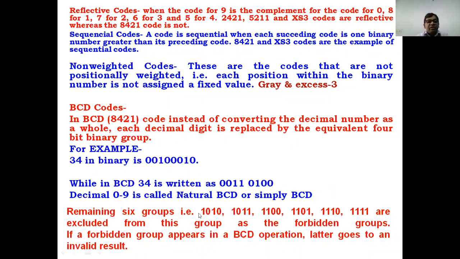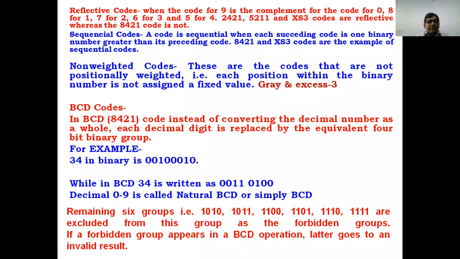So this remaining group, that is 1010, 1011, 1100, 1101, 1110, 1111, that is 10, 11, 12, 13, 14, 15, are excluded from this group as they are forbidden groups.